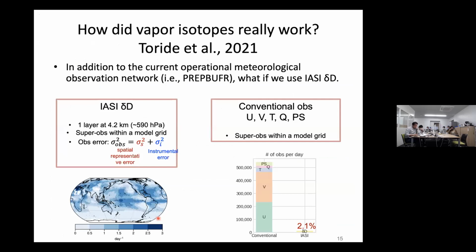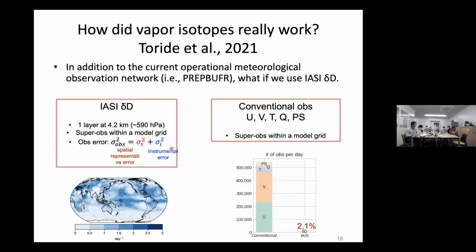Well, it was 2014, so time passed, and we thought it should be studied more. How does the isotope really work? So Kinya Toride, who is at Washington University right now, investigated similar experiments, but using a conventional meteorological measurement network known as PREPBUFR.